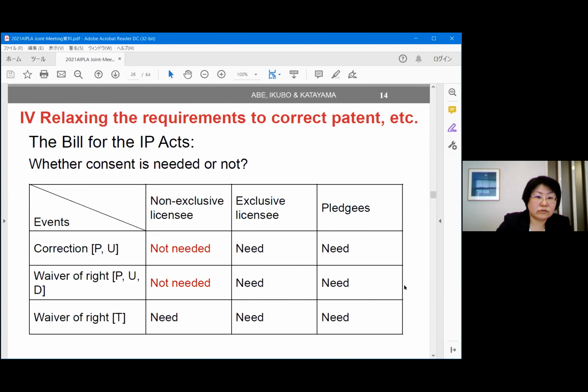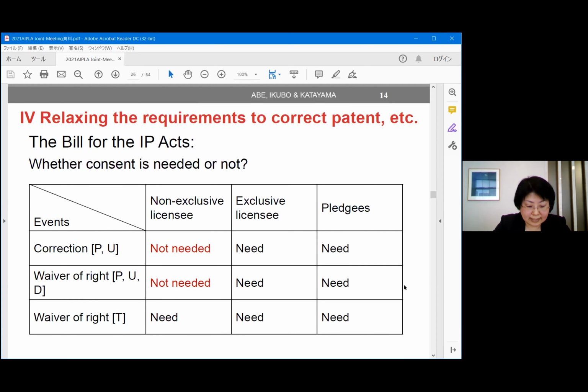And according to the bill, in the Patent Act and Utility Model Act, in case of correction, the right holder does not need to obtain consent from non-exclusive licensees.